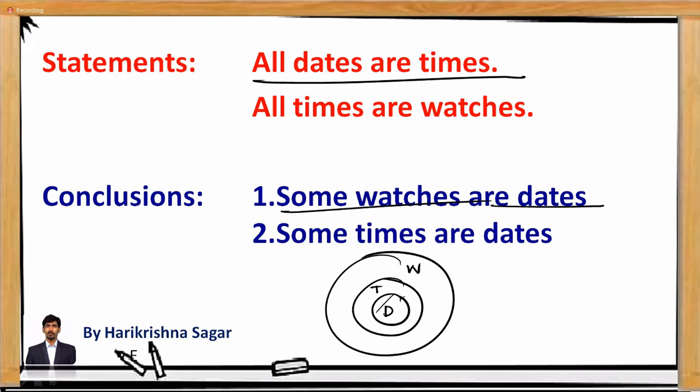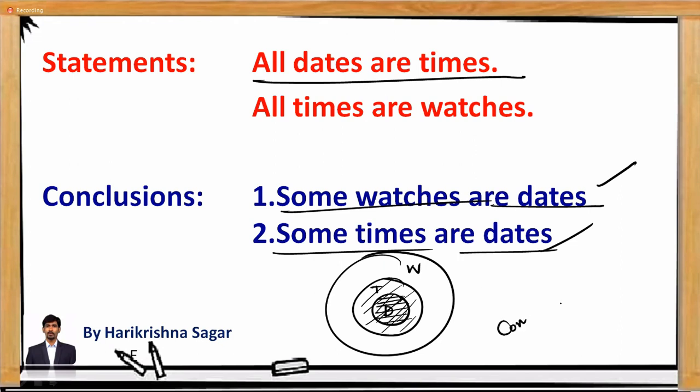So yes. So some of these watches. This inner one is there in the larger one. So some of these watches are going to be dates. Yes, for sure, this is a correct conclusion. Some of the times are dates, because this is all indicating the times. So some of the times are going to be dates. This is also a correct conclusion.